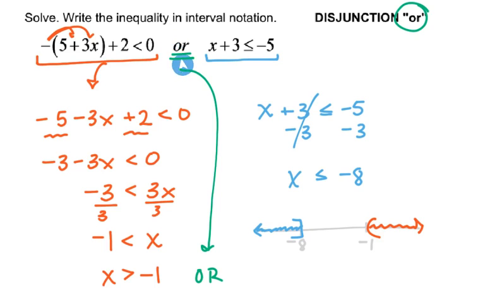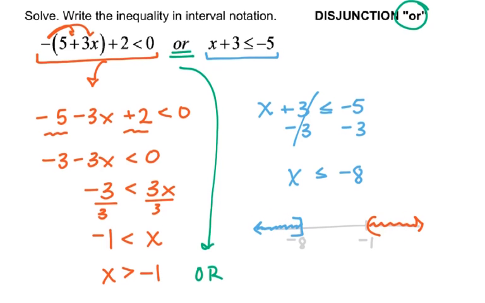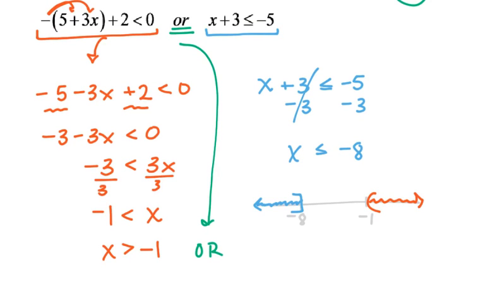So because this is or, this is written in disjunction, we can be in the left blue solution set or interval, or the right solution set or interval. And we'll write our answer here saying x is in the set from negative infinity to negative 8, bracket, and the way we write the word or with interval notation is we do a union symbol.